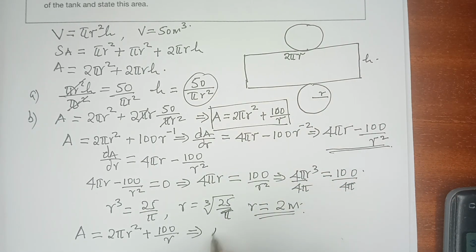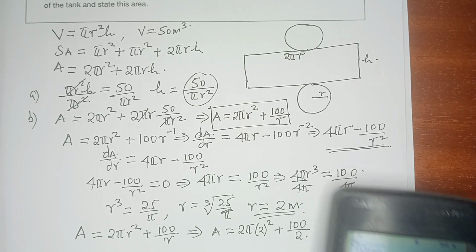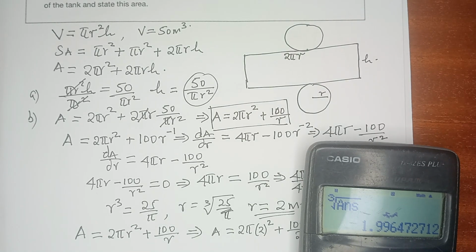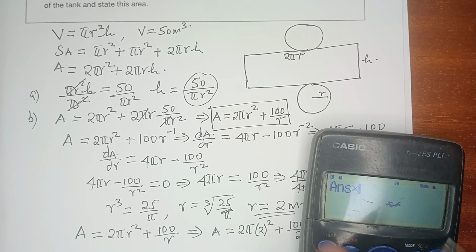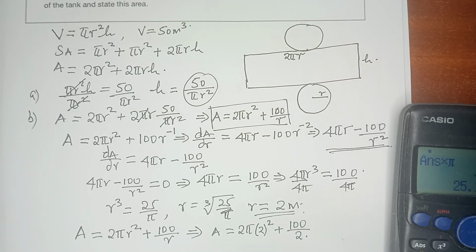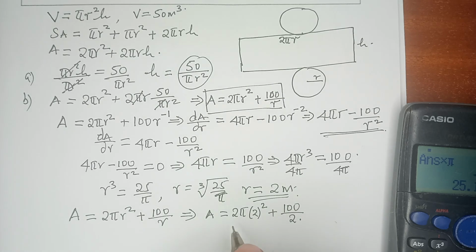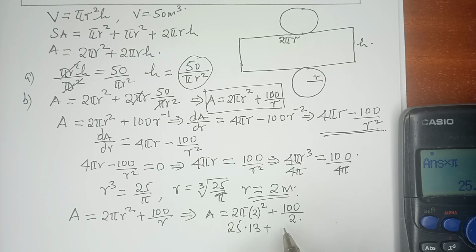Therefore, area now becomes 2π times 2 squared plus 100 over r, which is 2. 2 squared is 4, times 2 is 8, times π, which is 25.13, plus 100 over 2, which is 50.